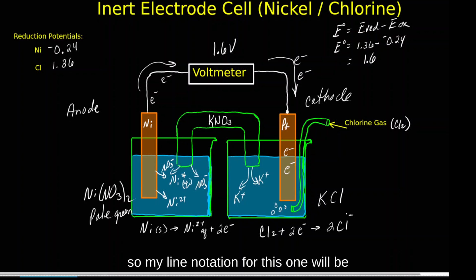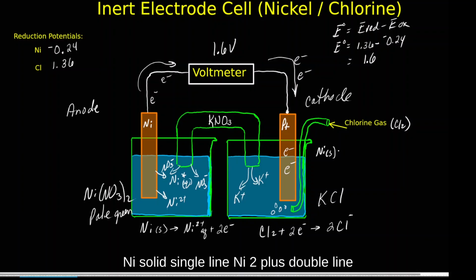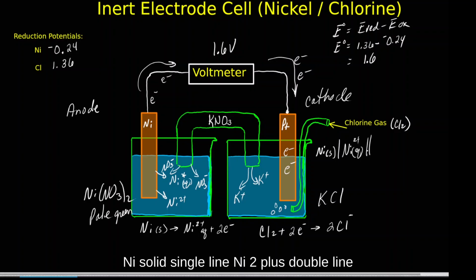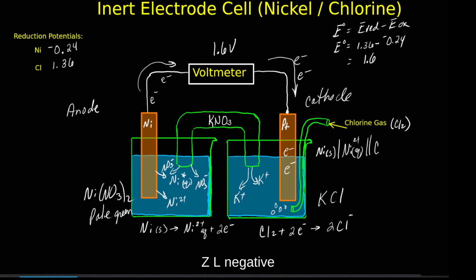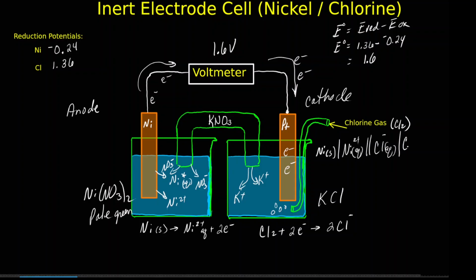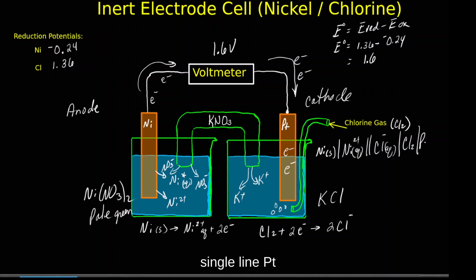So my line notation for this one would be Ni solid, single line, Ni 2 plus, double line, Cl negative, single line, Cl2, single line, platinum.